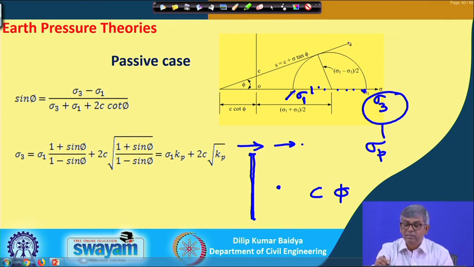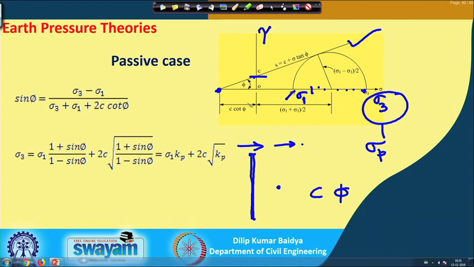Generally for a C phi soil, the failure envelope will intersect the tau axis at C, where this must be the value of C. If we extend this line, it will intersect the sigma axis somewhere here, and that distance, if the angle is phi, I can find from the geometry as C cot phi.